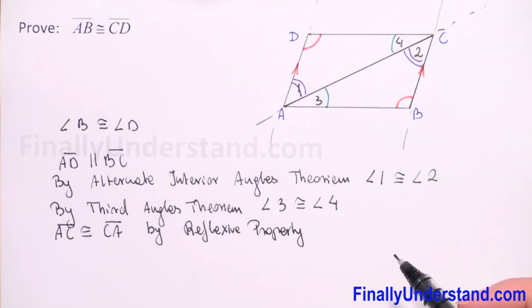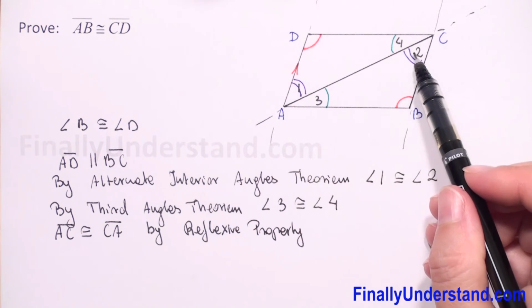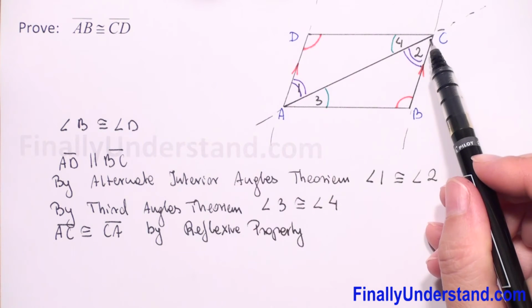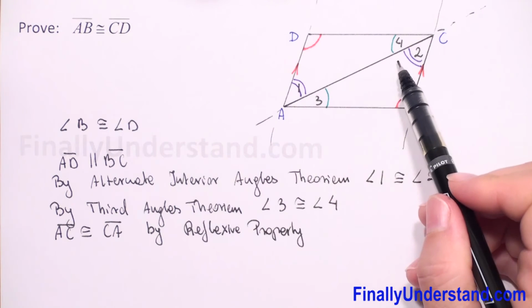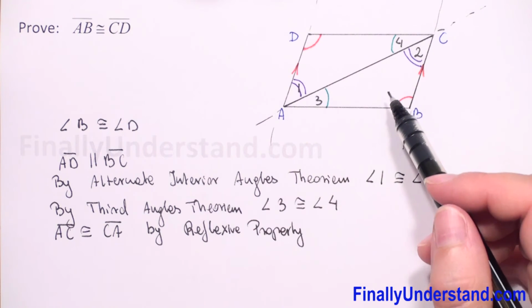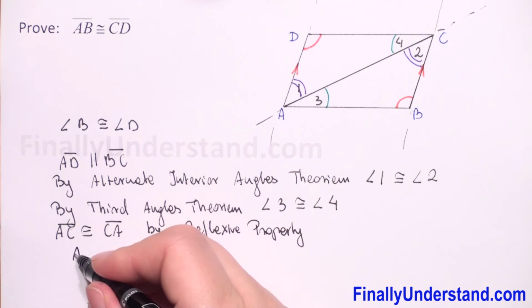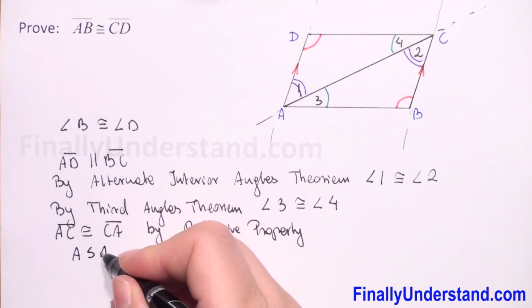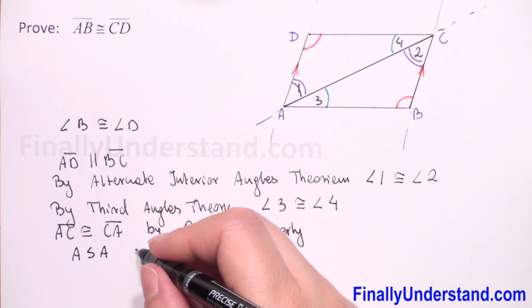So now we have two congruent angles and the side between these two angles is congruent. It means that we can use the angle-side-angle congruence postulate.